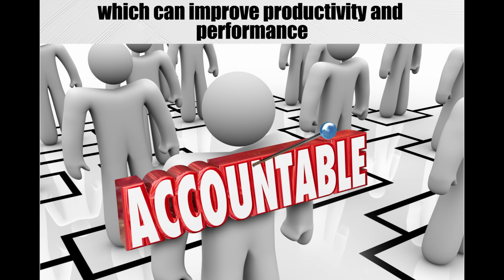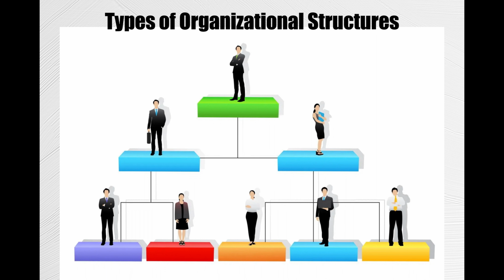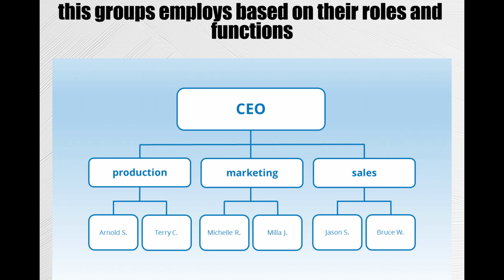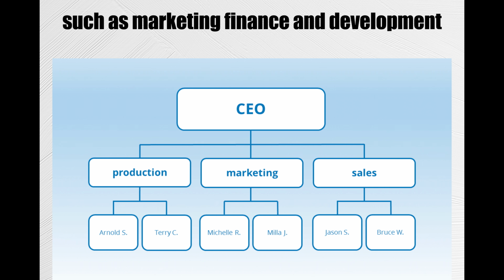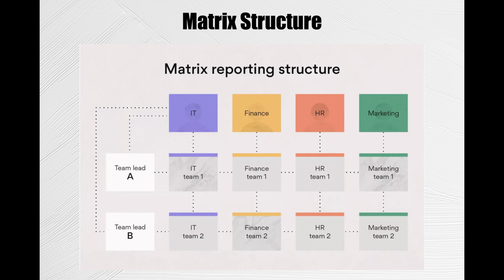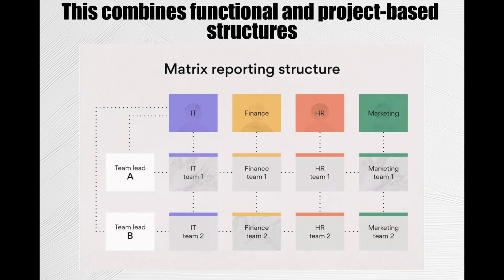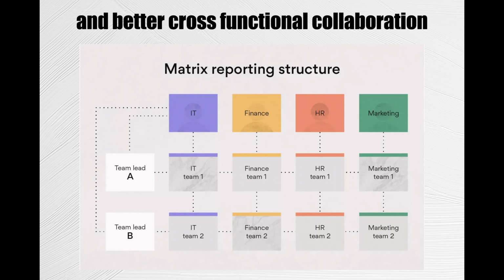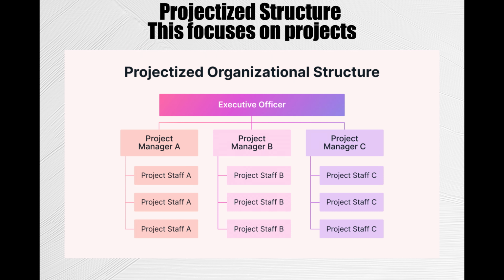Types of organizational structures. Functional structure. This groups employees based on their roles and functions such as marketing, finance and development. Matrix structure. This combines functional and project-based structures, allowing for efficient resource use and better cross-functional collaboration.